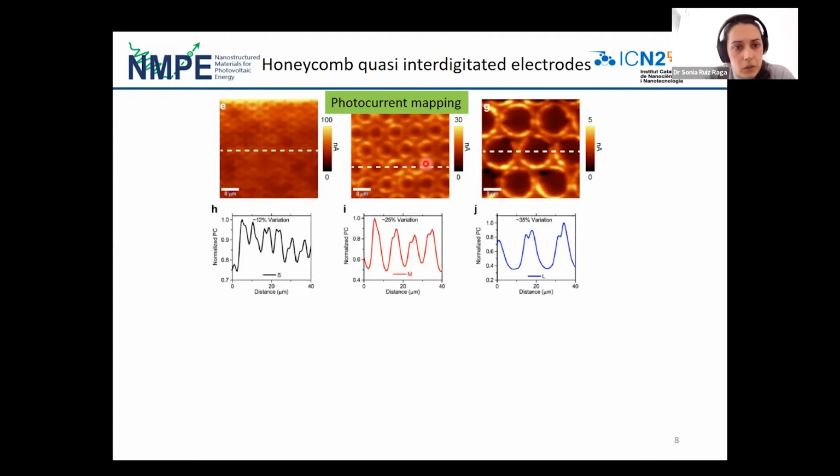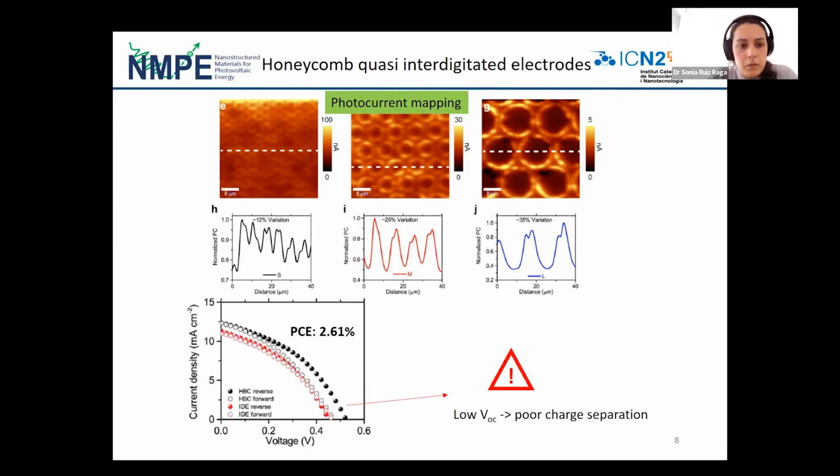It's also interesting to observe that the greatest photocurrent is achieved at the edges of this hexagonal feature. This is because it has the smallest distance for carrier transfer to the electron and hole extraction layers. That is given by the thickness of the insulator layer, which is only 300 nanometers.